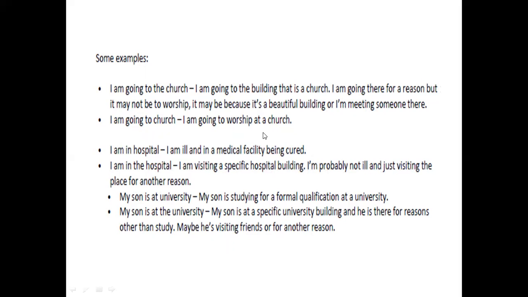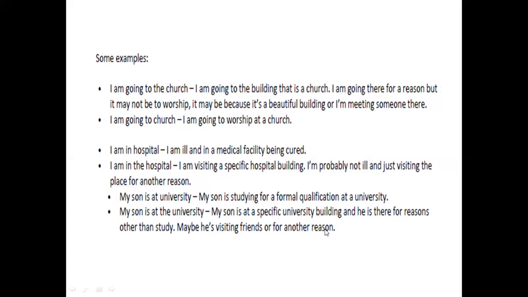Next, my son is at university. My son is studying for a formal qualification at a university. My son is at the university. My son is at a specific university building and he is there for reasons other than study. Maybe he is visiting friends or for another reason.